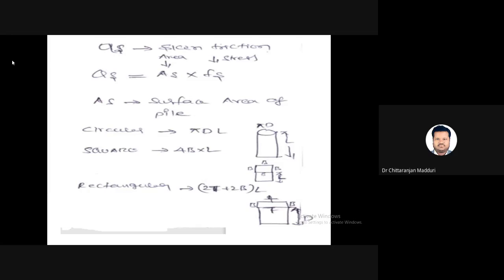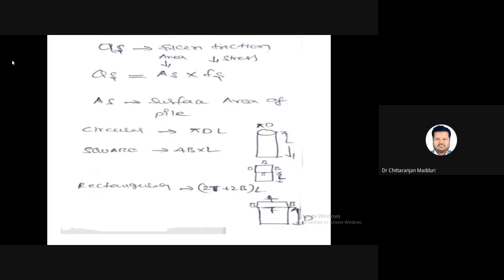The second term is skin friction resistance, QS equal to skin friction. Here also QS means load, and load is equal to stress into area. The area is the surface area of the pile because skin friction exists between the pile surface and the soil, so we need to take the surface area of the pile.